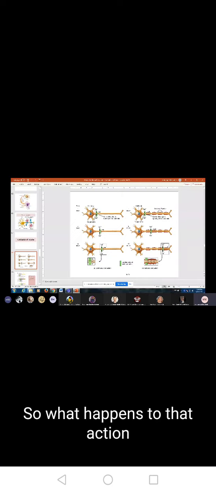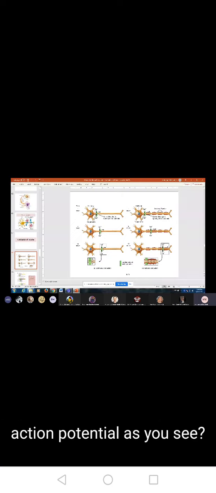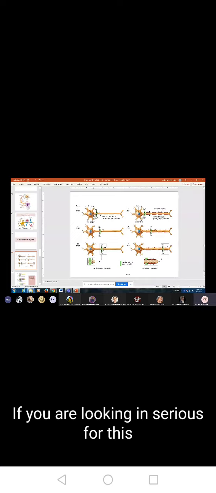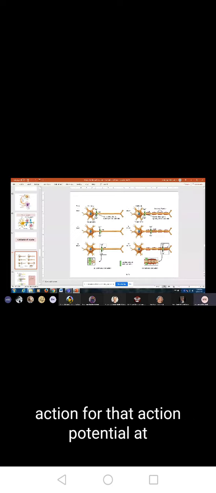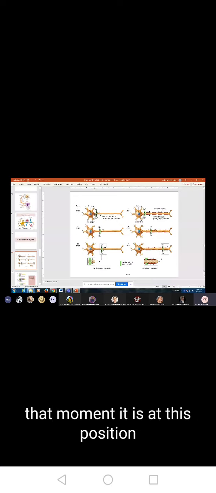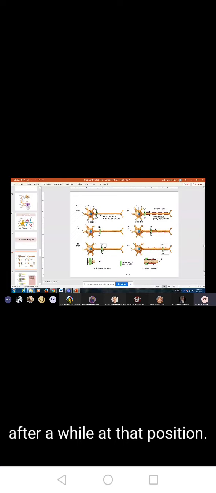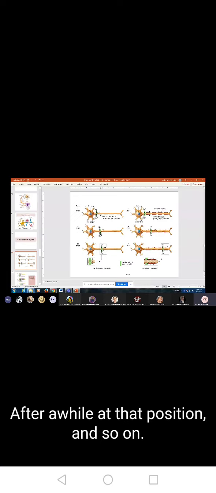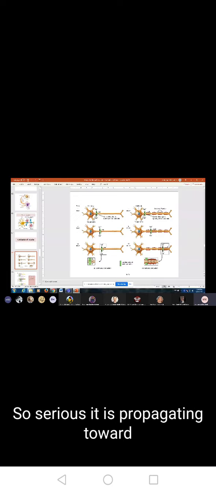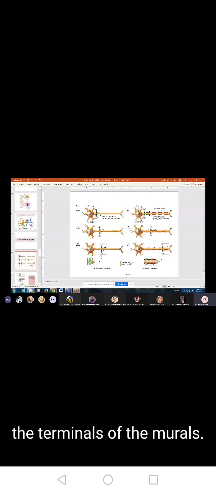So what happens to that action potential? As you see, if you are looking in series, at that moment it is at this position, after a while at that position, and so on. So in series, it is propagating toward the terminals of the neurons.